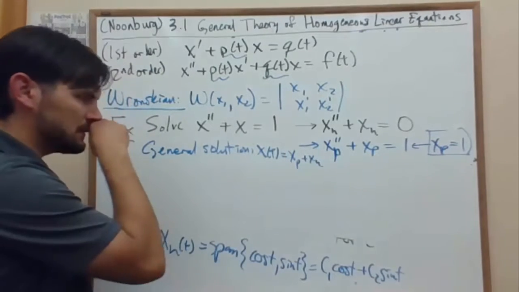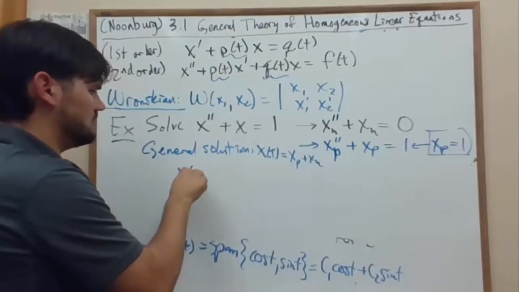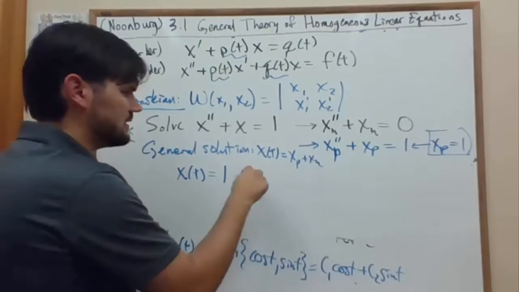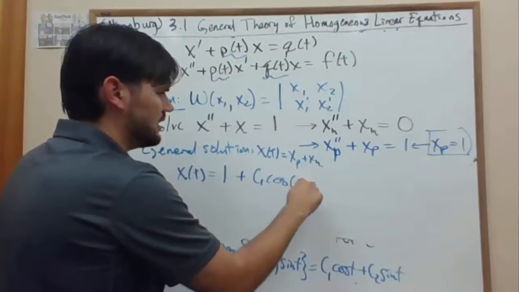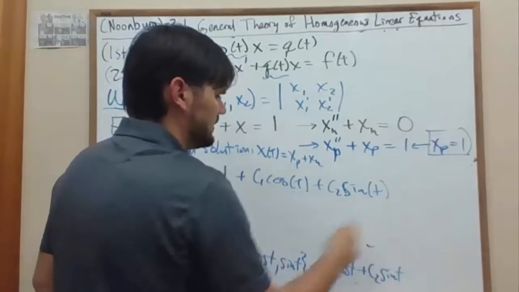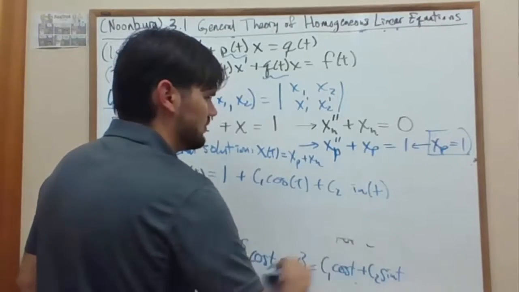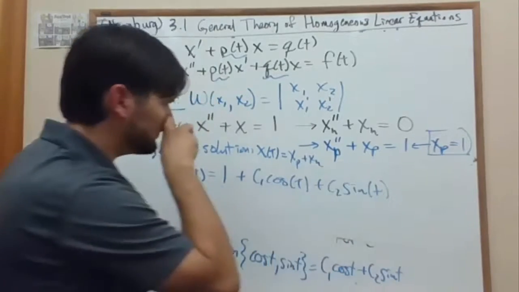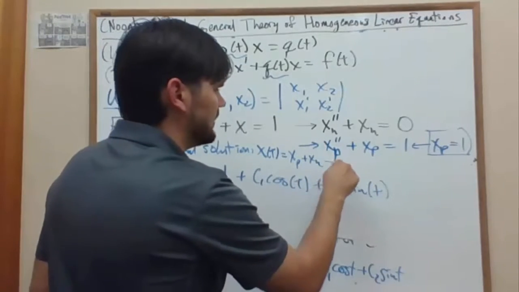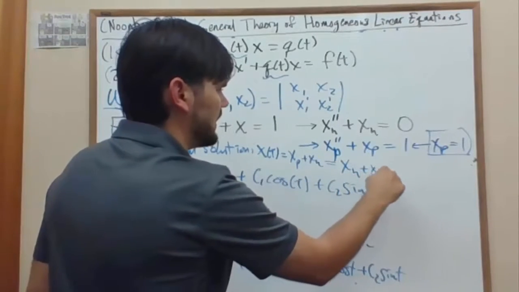This full solution is equal to 1 plus c1 cosine of t plus c2 sine of t, like that. And sometimes we'll write it with the x_p on the other side, like x_h plus x_p.